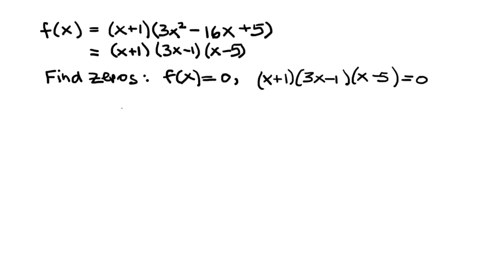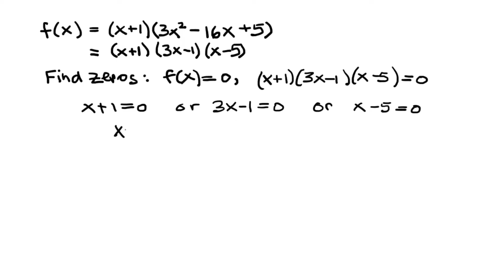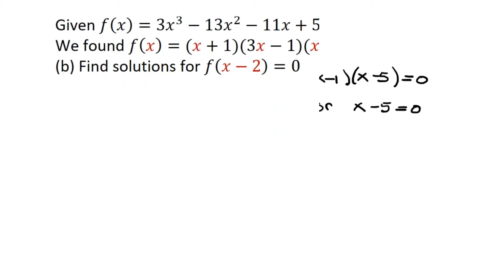So it must be that either x plus 1 equals 0 or 3x minus 1 equals 0 or x minus 5 equals 0, and of course I get x is minus 1, which I already knew from the synthetic division, x is 1/3, or x equals 5, and they're the 3 zeros for f of x.